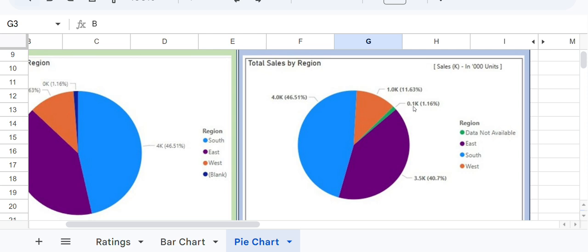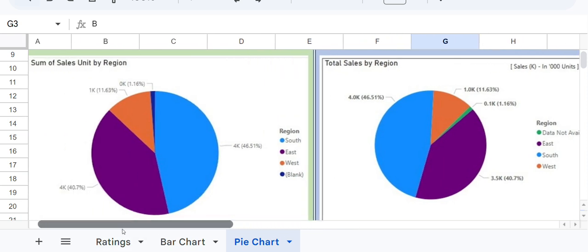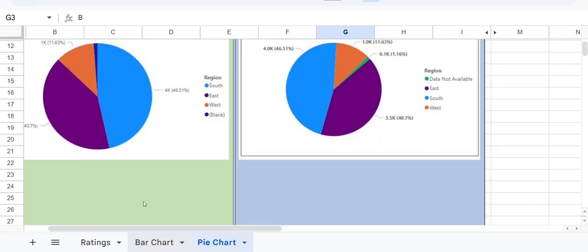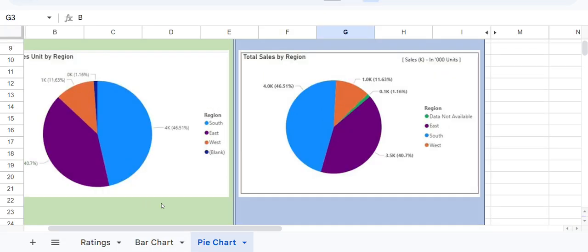That 0K was actually not 0K, it was 0.1K. And then we also have to denote the units, like what is K? It is in 1000 units. So these are certain things which are required to identify and understand to showcase a particular data set. So that was it for the pie chart.